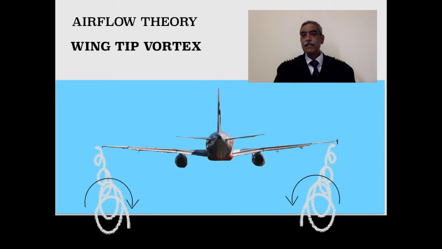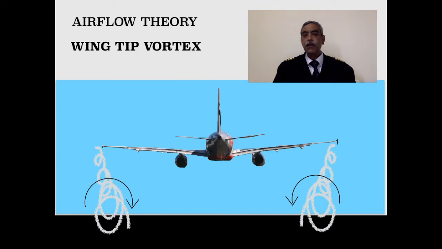So, what happens? As you can see in this diagram, in the rear of an aircraft, as viewed from the rear, this flow around the wing tips is anti-clockwise on the right side, because of the three-dimensional nature of the airflow.